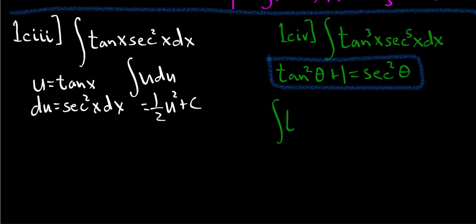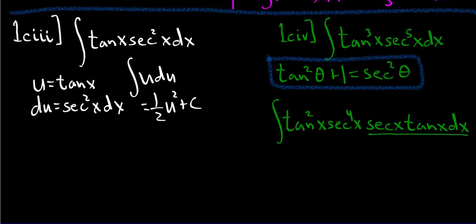What if I peel off a tangent and peel off a secant so that I have secant x tan x dx? Now look what I've done. This right here is the derivative of secant. So if I let u be secant, there's the du part of it right there.